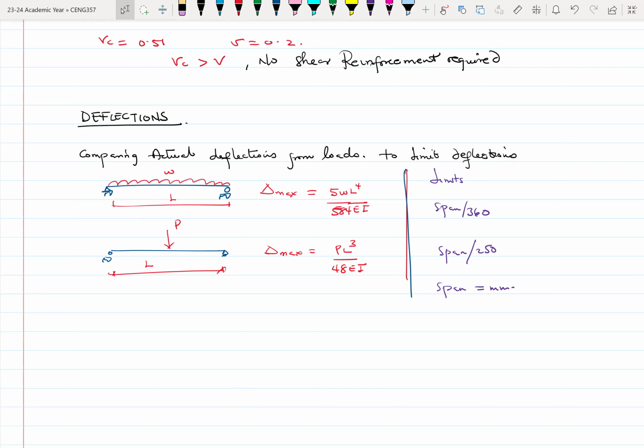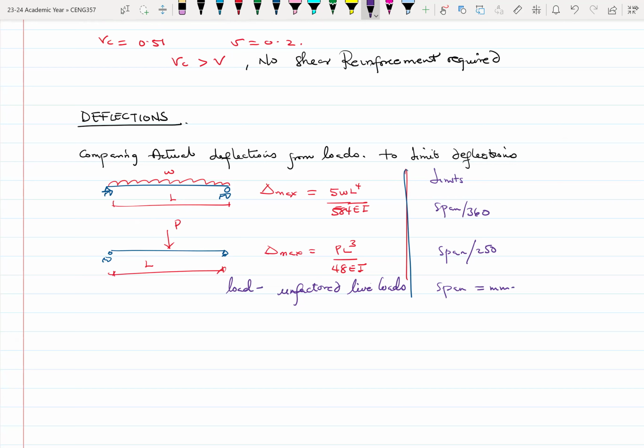If it's a continuous beam or slab or whatever, the equations for the maximum deflections are going to change. Okay. And normally when we are calculating deflections, the loads that we use are the unfactored live loads, or the unfactored imposed loads. So in this case, our load was 4 kilonewtons per meter squared.